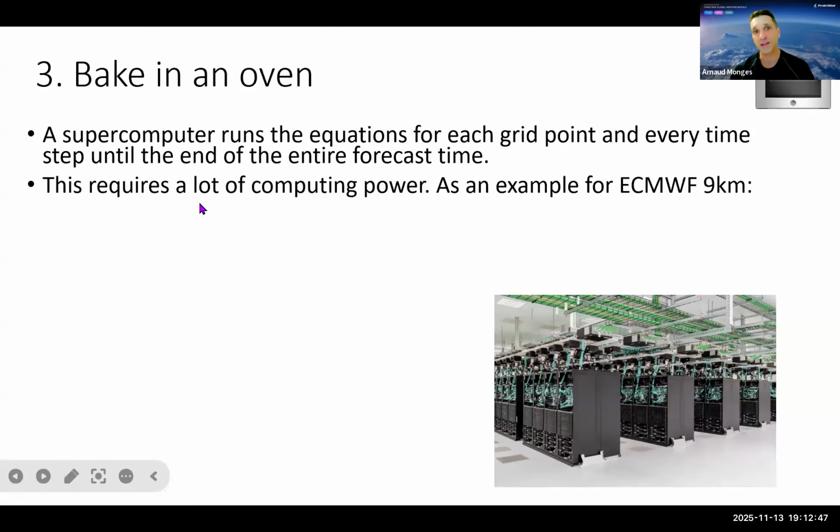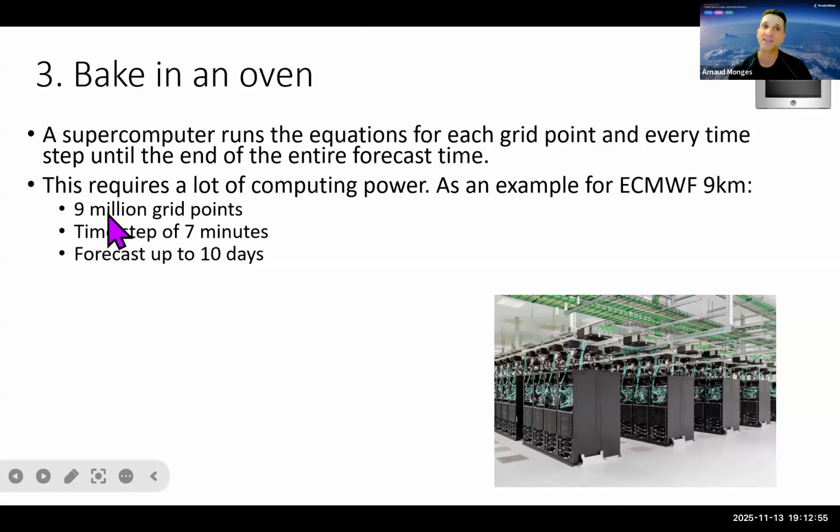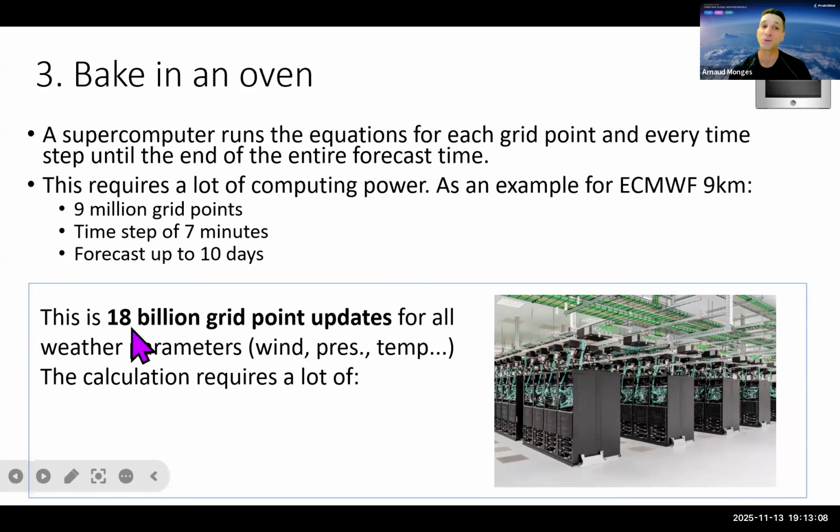And of course, as you can imagine, this requires a lot of computing power. So if I go back to ECMWF, this one has 9 million grid points. The time step is every 7 minutes, okay? And the total length of the forecast is 10 days. So those supercomputers need to make 18 billion grid point updates, and this is for all weather parameters, the wind, the pressure, the temperature, and so on.